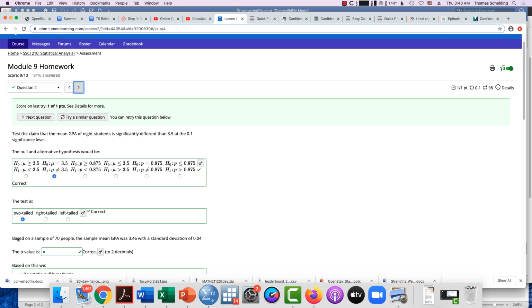Now, to calculate the p-value, what we need to do here is we need to calculate the z-score. And from the z-score, then we can get the p-value.